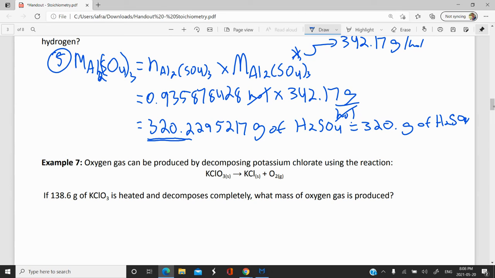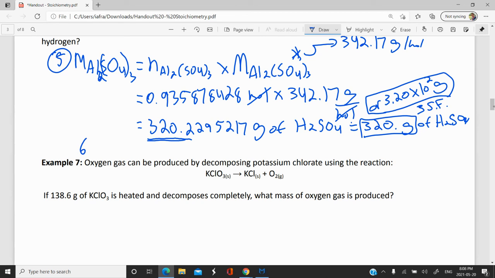Or you could write it as 3.20 times 10 to the power of 2 grams in scientific notation. So either of these methods would have worked to get you 3 sig figs in the end. And then you can do your therefore statement.